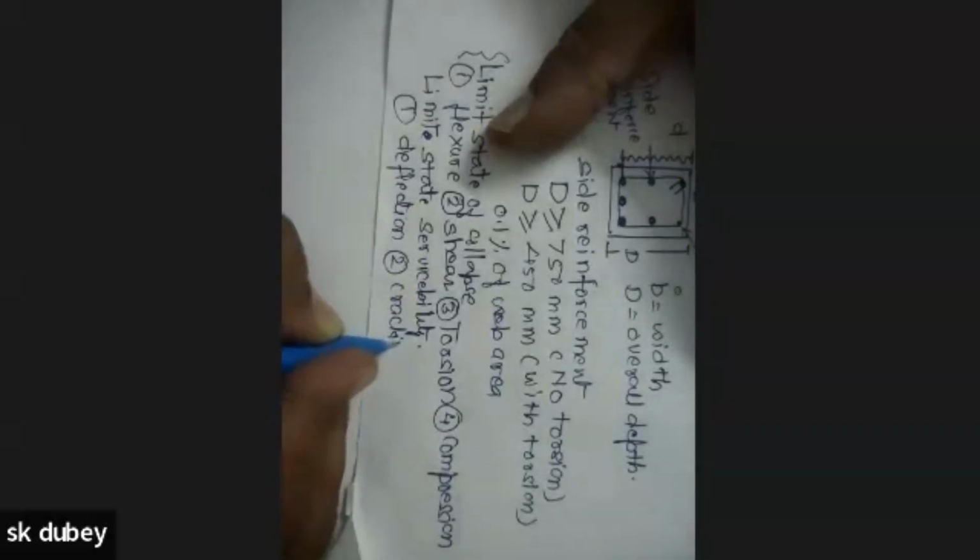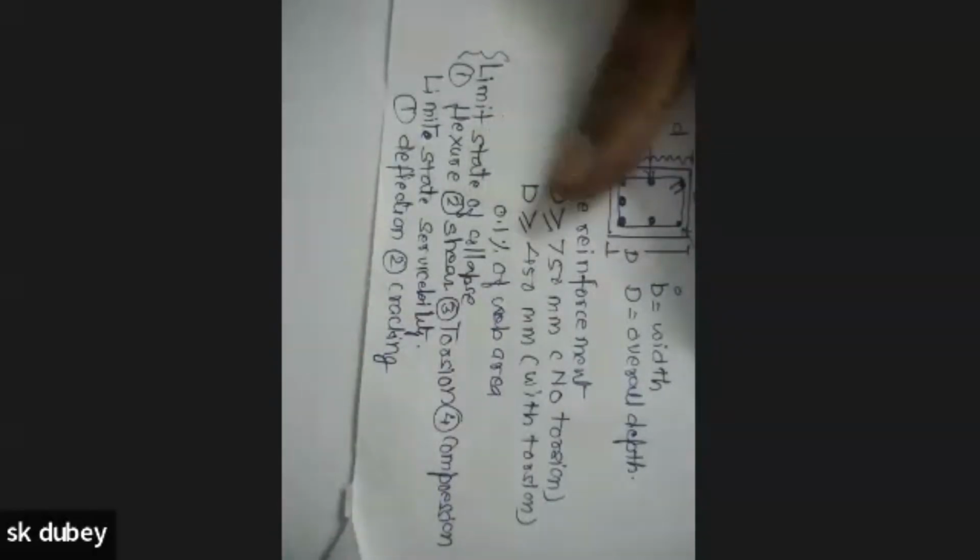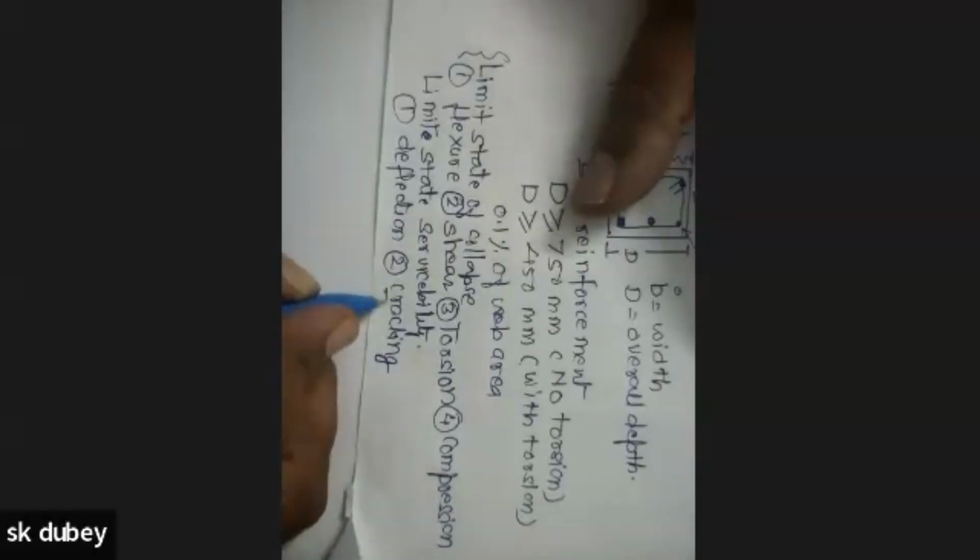For deflection, you know deflection should not be more than the allowable limits. For cracking we have maximum spacing, minimum spacing, minimum reinforcement, maximum reinforcement, nominal cover. All these things are related to the limit state of serviceability cracking.